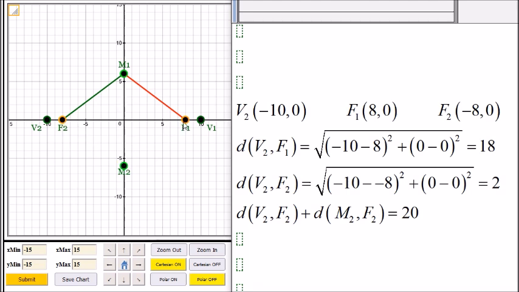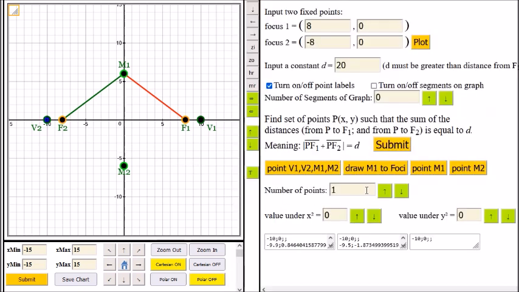And now we want to find all other points such that the sum of the distances from the point to F1 and F2 is 20. So here's another one.